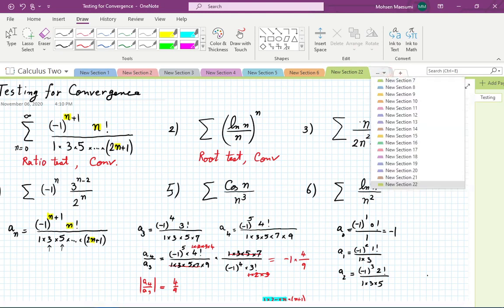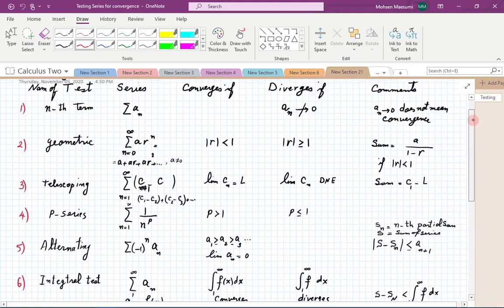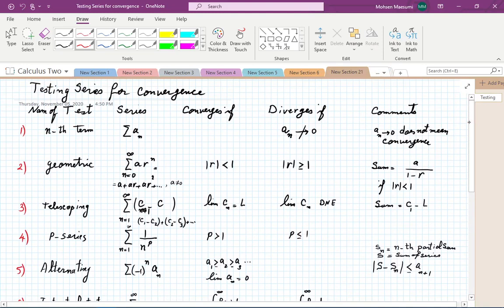Okay, so we have again 10 choices. Which one will be helpful for me? Well, if you want to go ahead with the nth term test, I know that my nth term goes to 0, but that doesn't tell me anything. It's not geometric. I cannot do anything about it. It doesn't look like telescoping. I cannot break it into a subtraction.